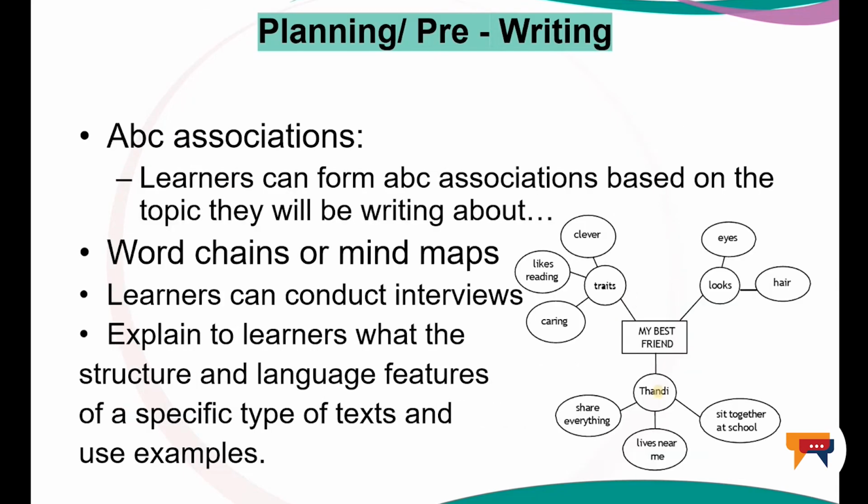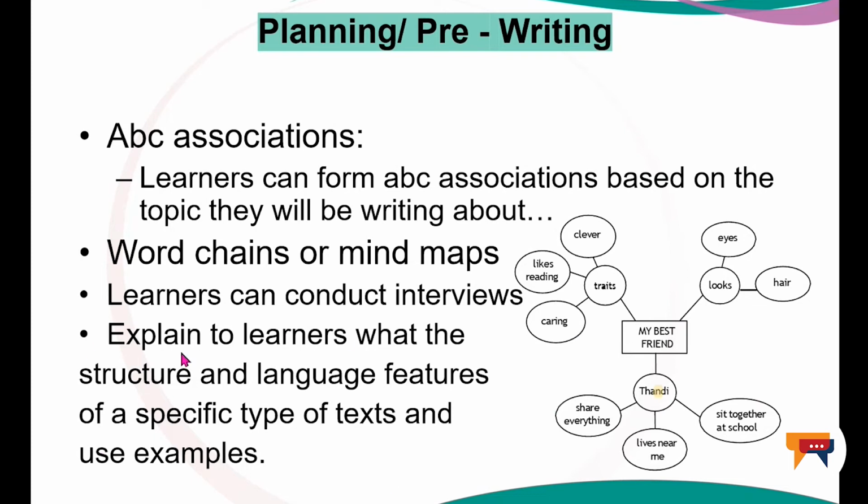You can also make ABC associations where learners can form ABC associations based on the topic that they will be writing about. They can also do word chains or mind maps. I've inserted a picture there of a mind map. So this learner is obviously writing about their best friend named Tandi, and then they have some ideas surrounding that. Okay. Learners can also conduct interviews.